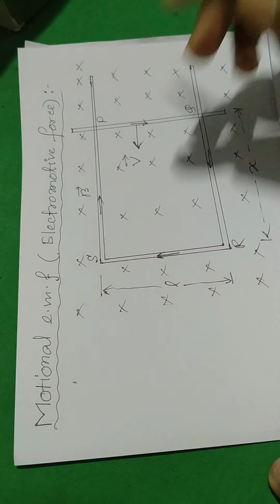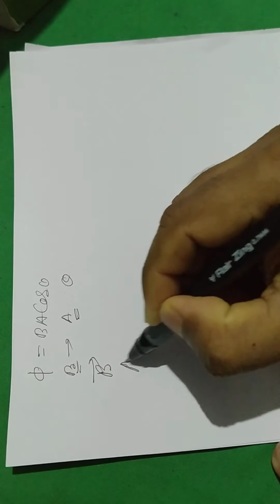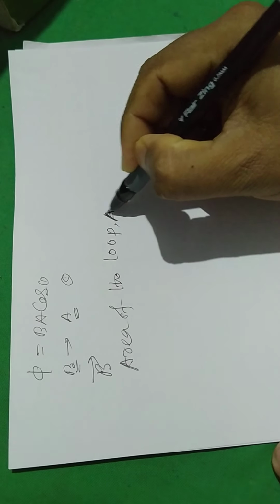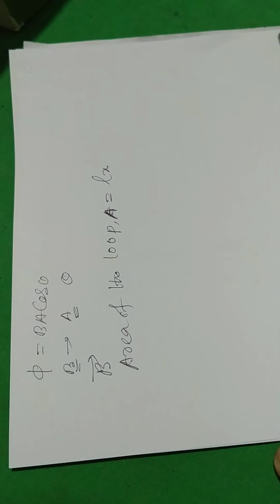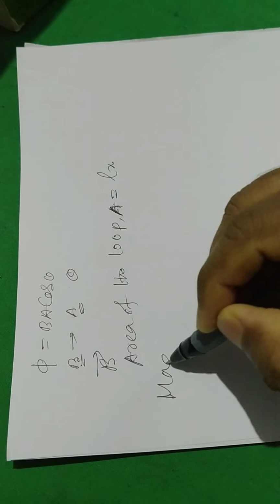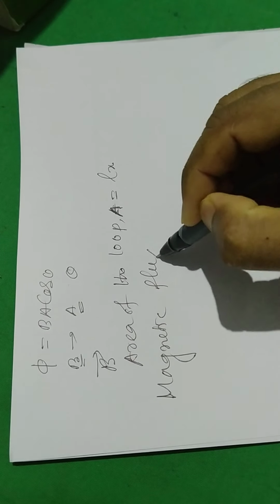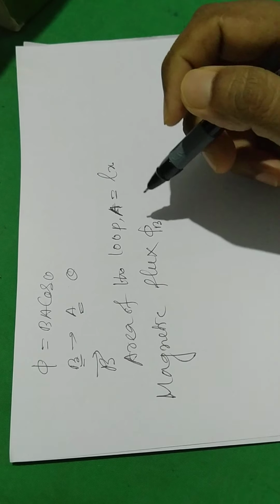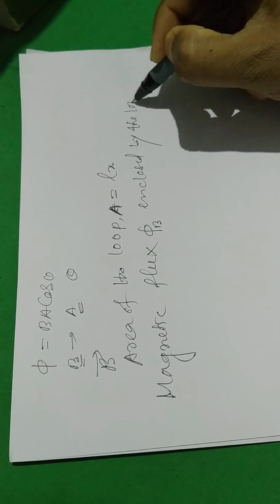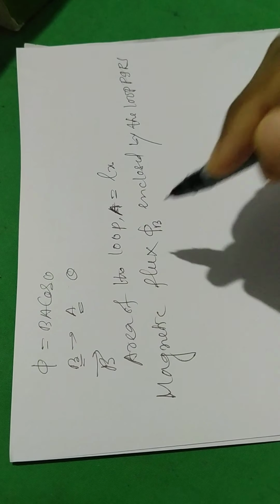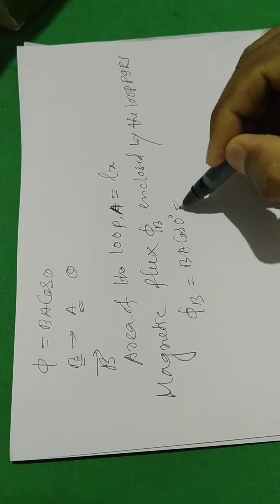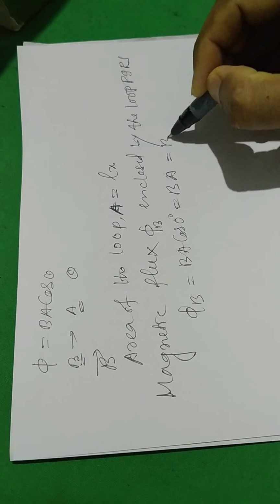So the area of this loop is Lx. The magnetic flux phi enclosed by the loop PQRS is BA cos 0 degree, which is BA, where A is Lx, so phi is BLx.